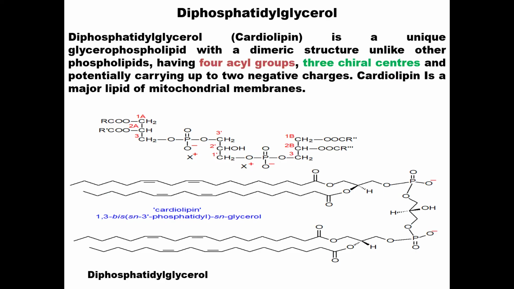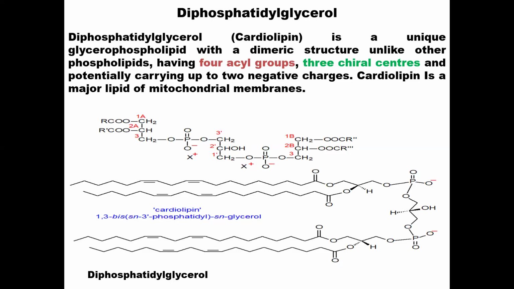It has 4 acyl groups, 3 chiral centers, and 2 negative charges. So it has 4 fatty acid groups, 4 acyl groups. When we say chiral center, from your chemistry you remember a carbon that is attached to 4 different groups.